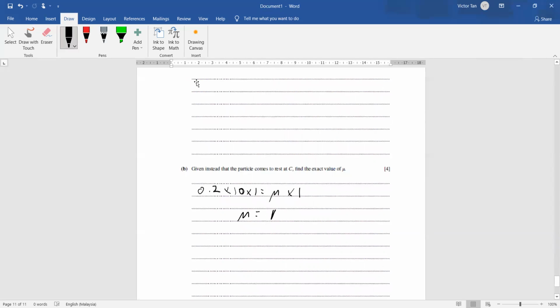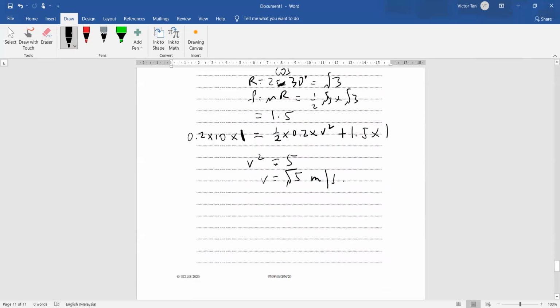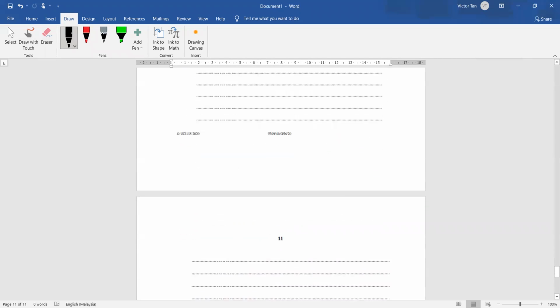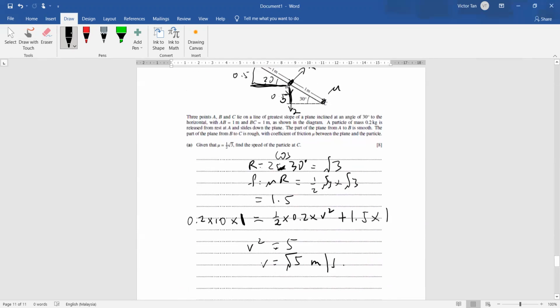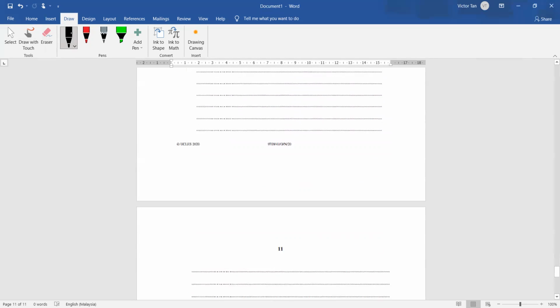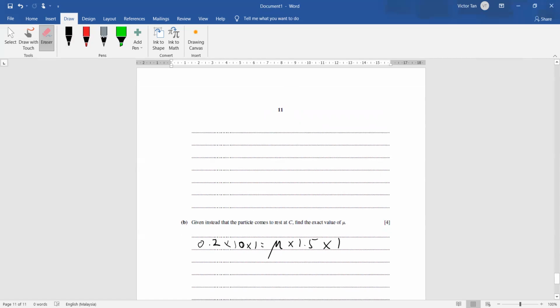So coming back to here, it is mu times R, which is 1.5, times distance 1. Oh, wait, sorry. R is root 3. Again, R is root 3.